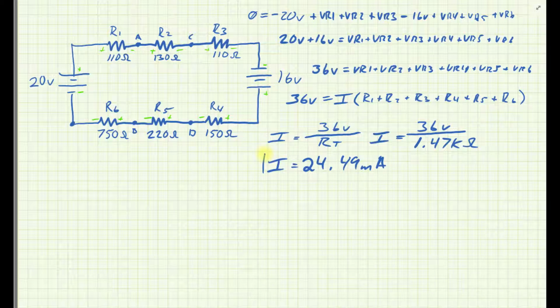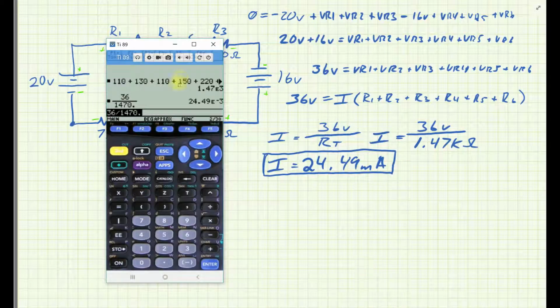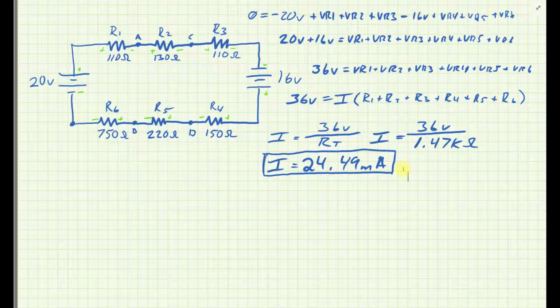Okay, so this isn't the final current in this circuit, but without the diode and without the capacitor, this is the current that would be flowing. So you could build this and actually measure it. Just to be sure I wrote that down properly, 24.49 milliamps.